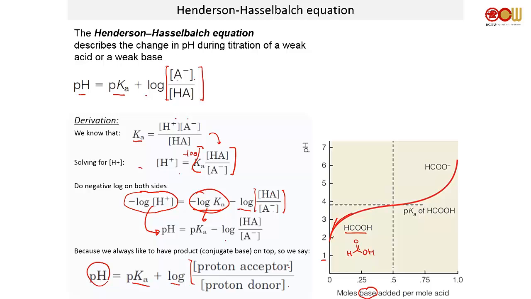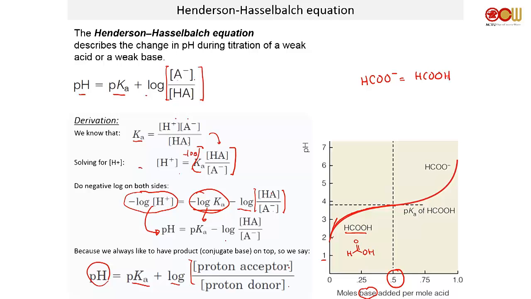However, gradually the change in pH slows down until you hit a special concentration of 0.5. You add half amount of NaOH to your formic acid, then essentially what you get is half of this and half of this, okay?